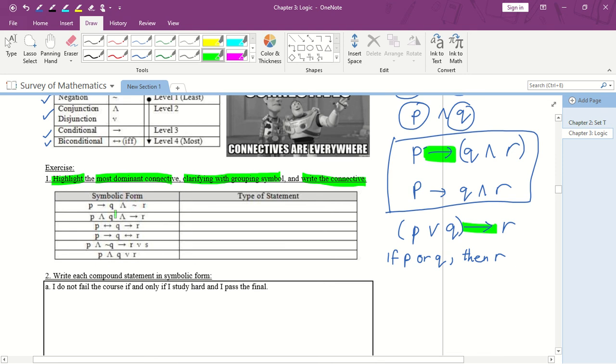Which one is the most dominant? We know that it's the conditional here. Once we know it's here, we group here, but we know that P is just alone, so we need to put parentheses, and we put them on the other side too: Q and negation R. And since the conditional is the most dominant, the type of statement here is conditional.